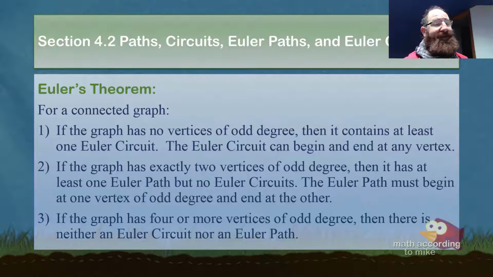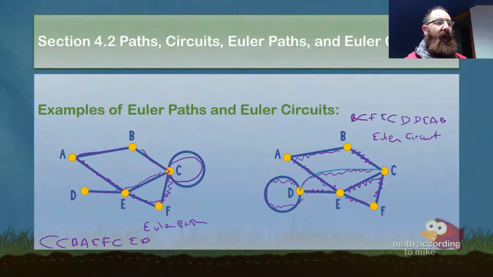If you have none, Euler circuit. If you have 2, Euler path. If you have 4 or more, neither. So going back to the slide there, the graph on the left had an Euler path. There is no way to make an Euler circuit for the graph on the left.